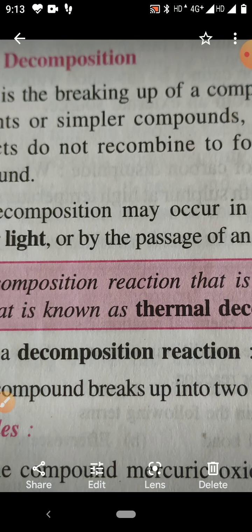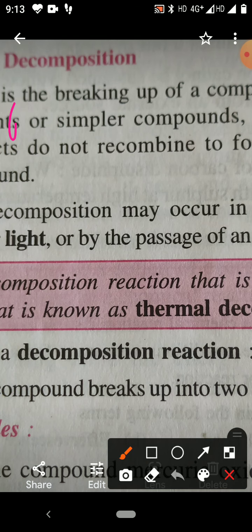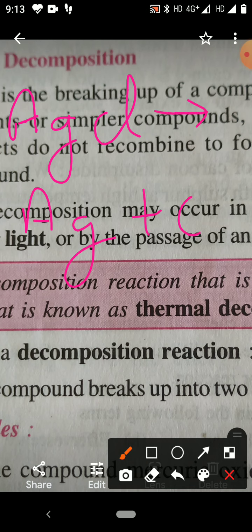So that is called photochemical decomposition. There, silver chloride will break into silver and chlorine by light. In the presence of light, this decomposition reaction occurs.